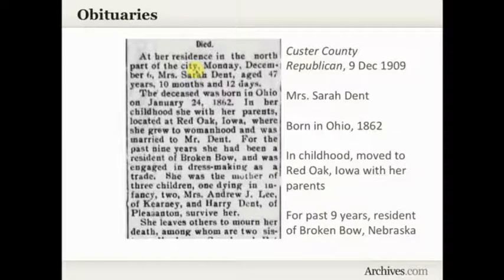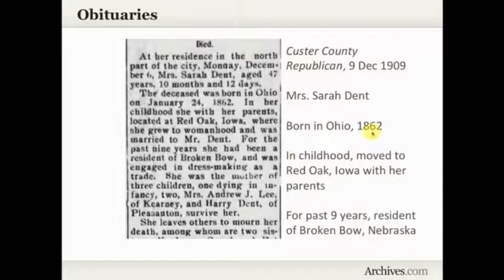And of course, obituaries. Now, here's an example from a newspaper called the Custer County Republican from the 9th of December, 1909. And it's the obituary for Mrs. Sarah Dent. And it reports that she was born in Ohio, 1862. And you might be thinking, well, Amy, that really doesn't tell me anything beyond what I could have already picked up in the census.